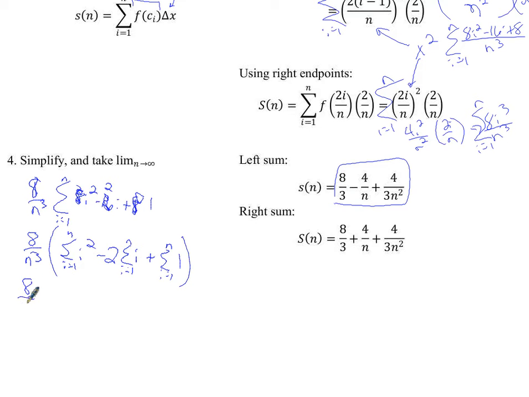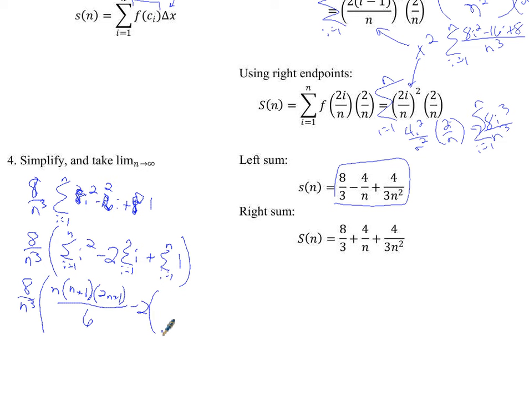Okay, so now we have 8 over n to the third times I squared is... okay, so that takes care of that one.